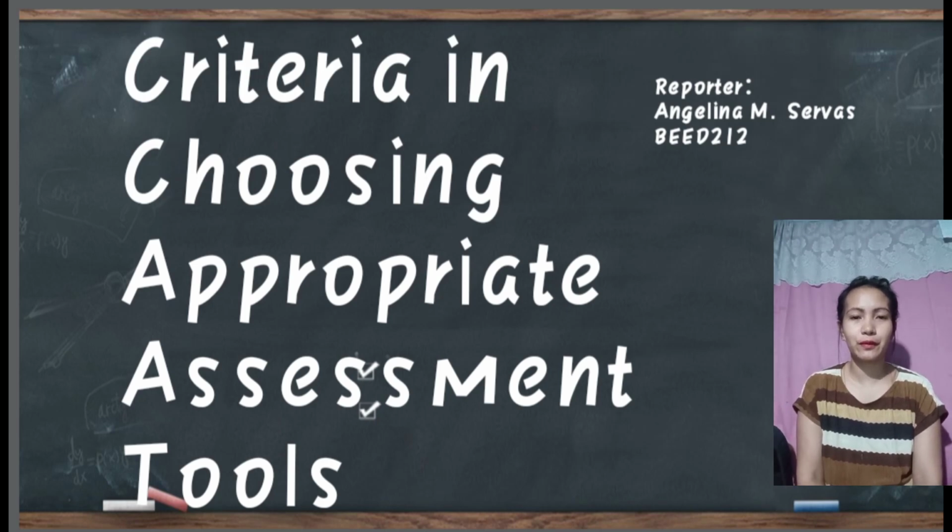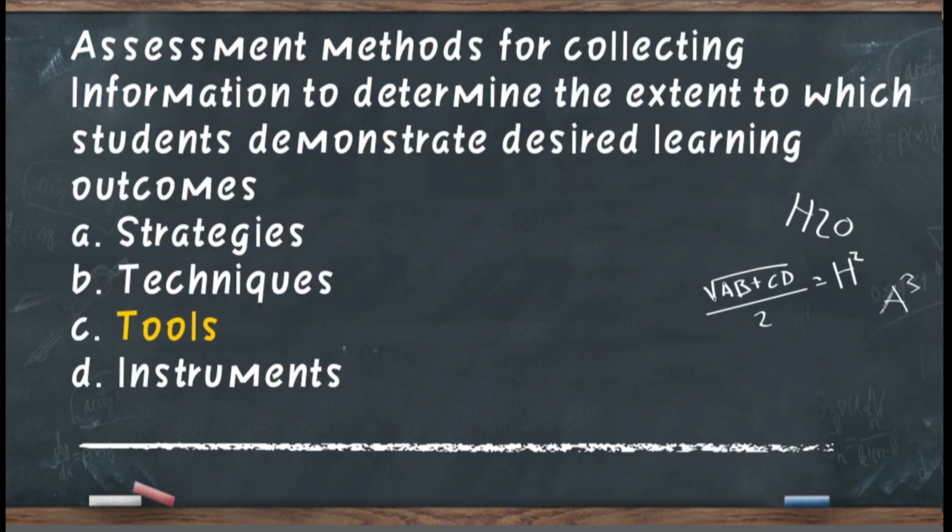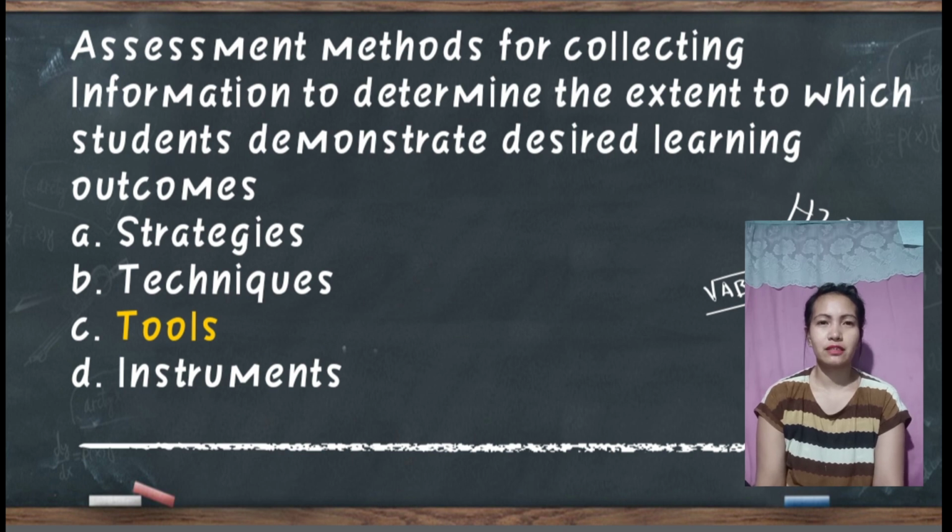My report po is about criteria in choosing appropriate assessment tools. Assessment methods for collecting information to determine the extent to which students demonstrate desired learning outcomes. So, we have strategies, techniques, tools, and instruments.